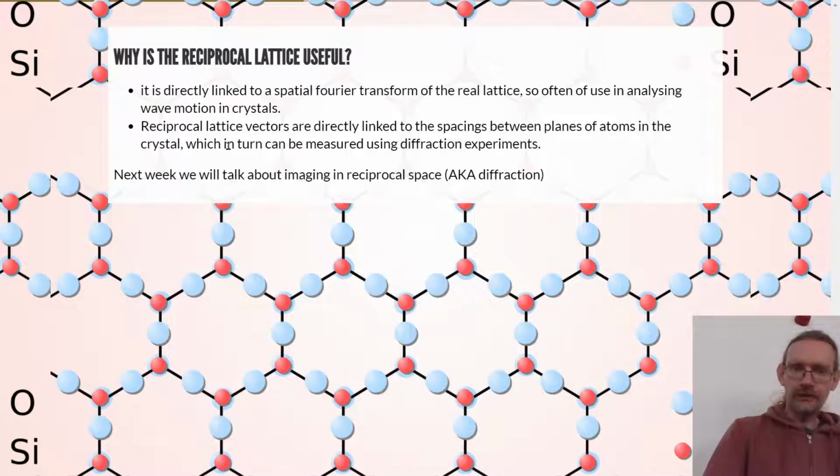Now, why do we want to do that? Well, essentially, this transformation to reciprocal space, using this other thing related to the Fourier transform, like a wavelength or frequency representation of the position, means that lots of measurements are easier for crystals.